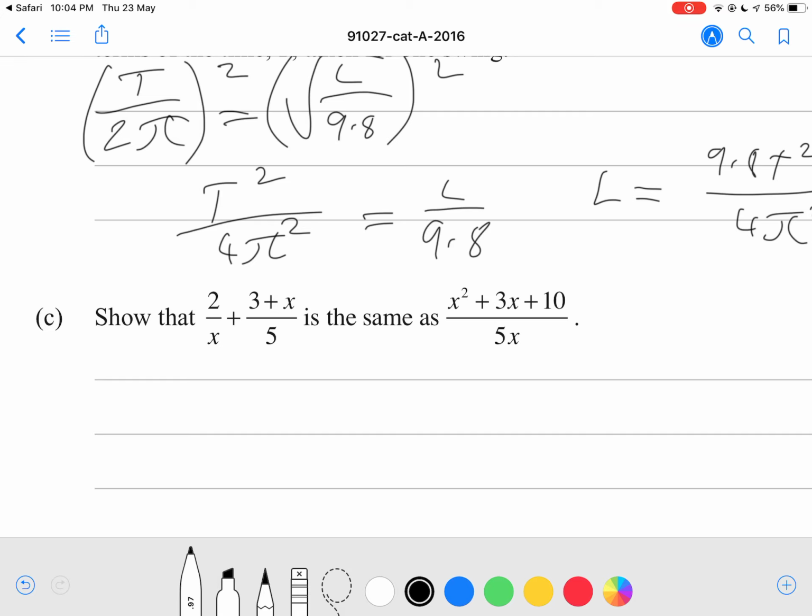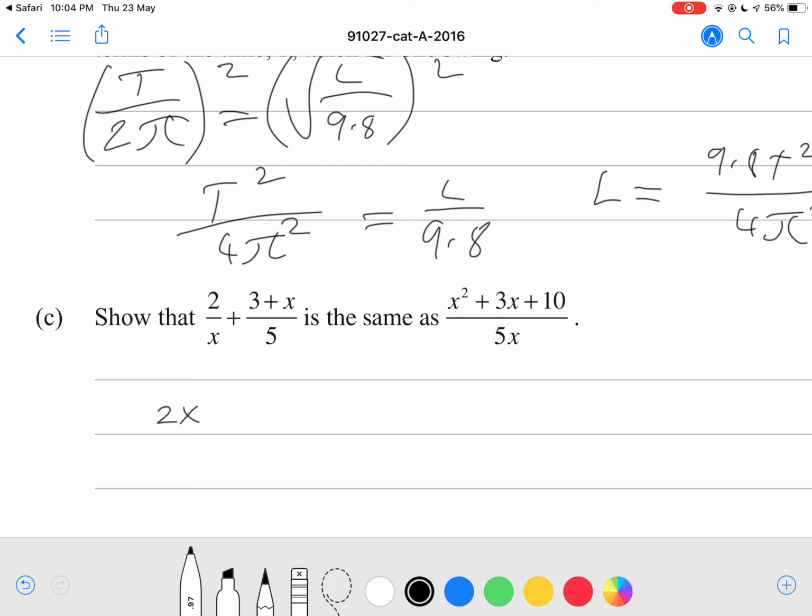Alright, so show that 2 divided by x plus 3 plus x divided by 5 is the same as x squared plus 3x plus 10 divided by 5x, okay? So basically, we're going to make the denominator the same, okay?